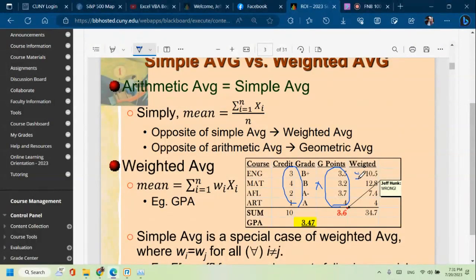If you multiply, these are the weighted grade points, and then if you add them up, it's this. And divide by the sum of all these weights. You don't divide by 4, you divide by the sum of these weights. And then you come to this. This is your GPA. So that's weighted average.